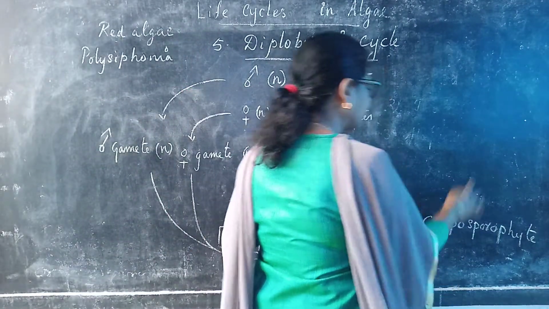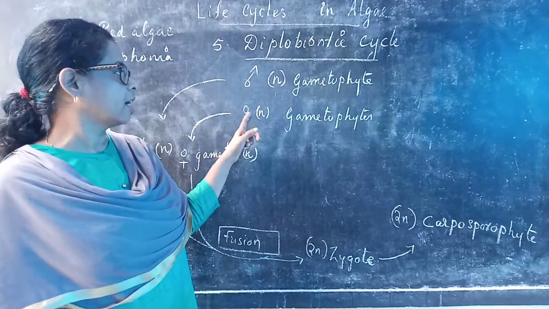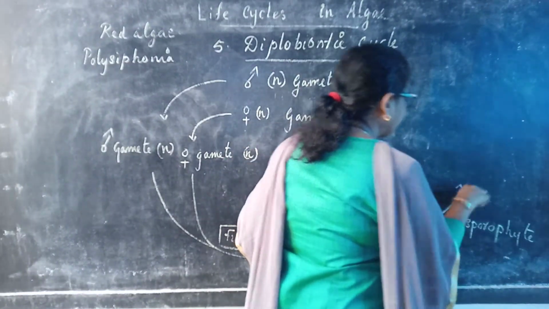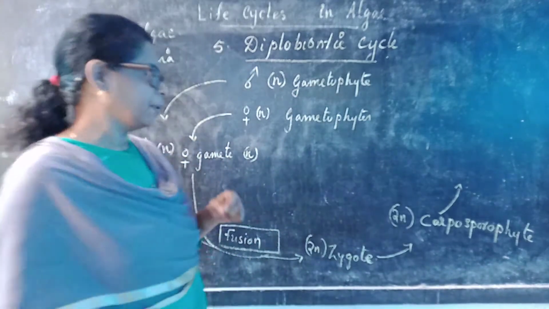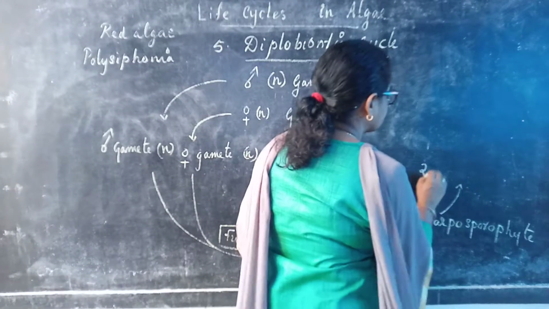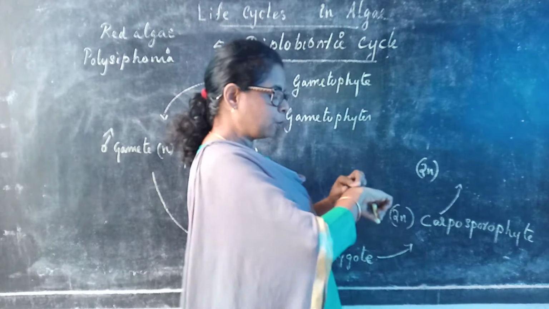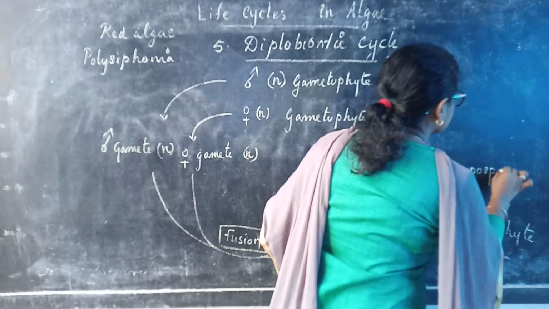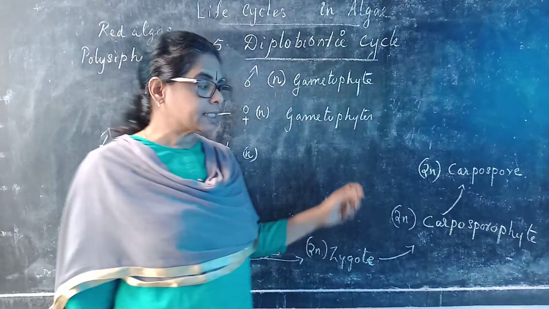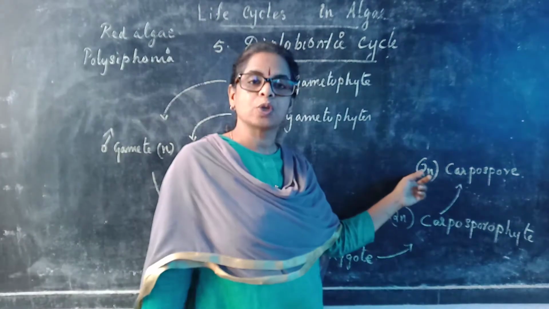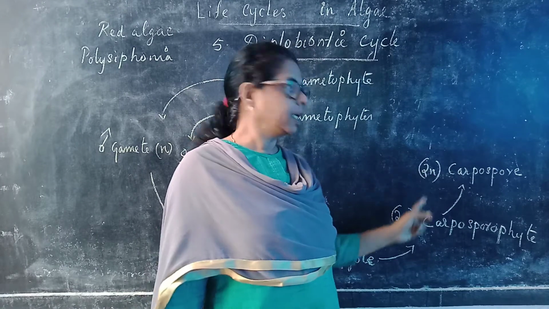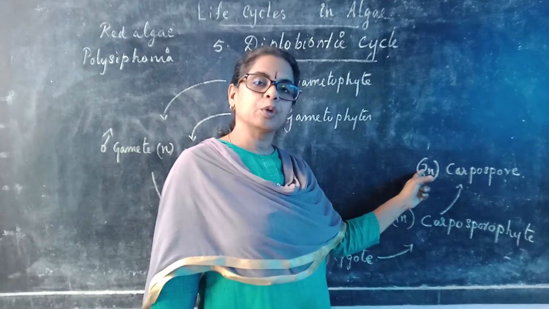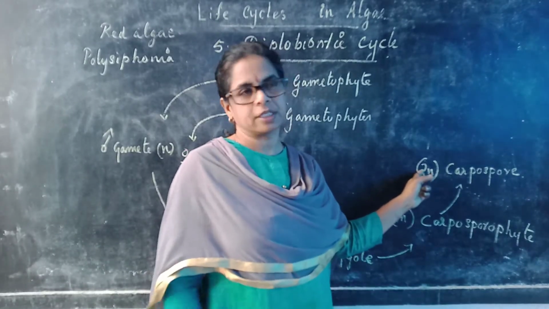And this carposporophyte is actually seen attached to the female gametophyte, and when it becomes mature, it reproduces by a carpospore, and in this case the carpospores are also diploid. Here the carpospores are diploid because these are produced by simple mitosis, no meiosis.